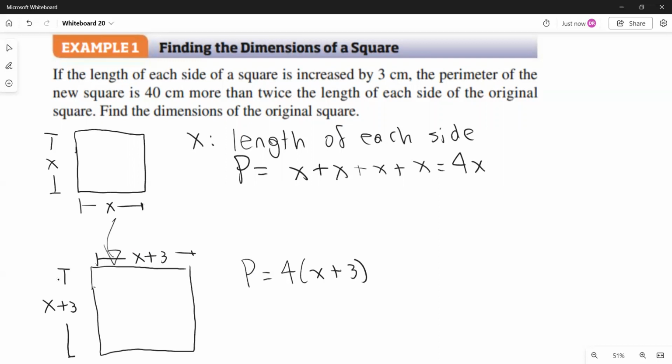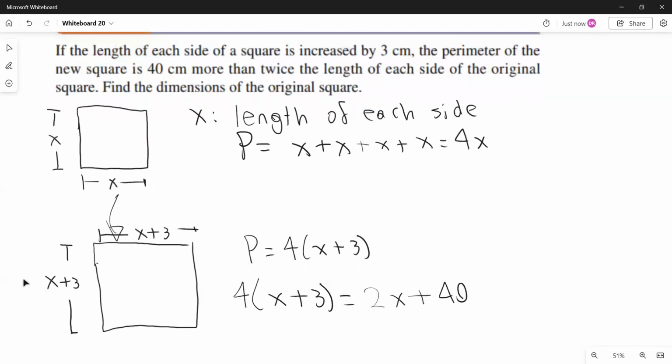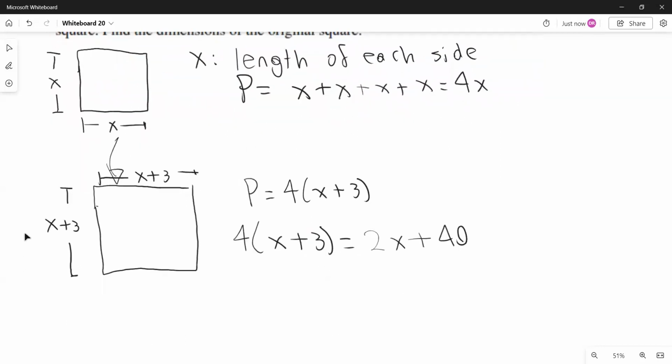So the perimeter of the new square is 40 centimeters more than twice the length of each side of the original square. That is, the perimeter of the new square, 4 times x plus 3, equals twice the length of each side, 2x, plus 40. We're going to find the dimensions of the original square. That is, we are going to solve for x.